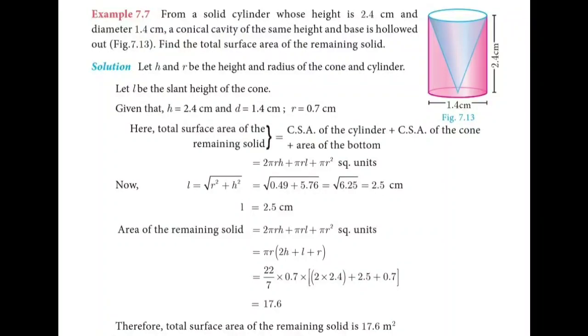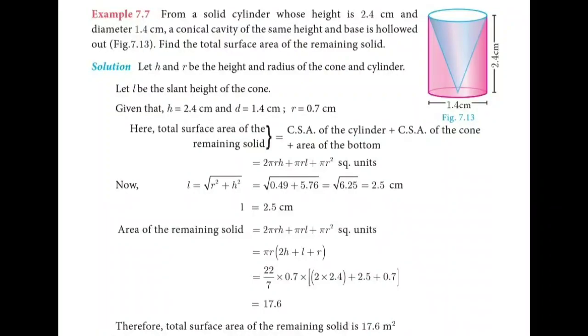Solution: let h and r be the height and the radius of the cone and cylinder. So same radius and same height, right. Let l be the slant height of the cone. Given that h is equal to 2.4 centimeter and diameter is equal to 1.4 centimeter, then radius is equal to diameter divided by 2.